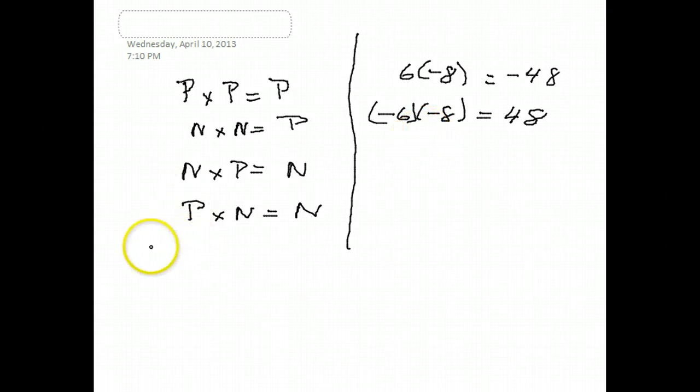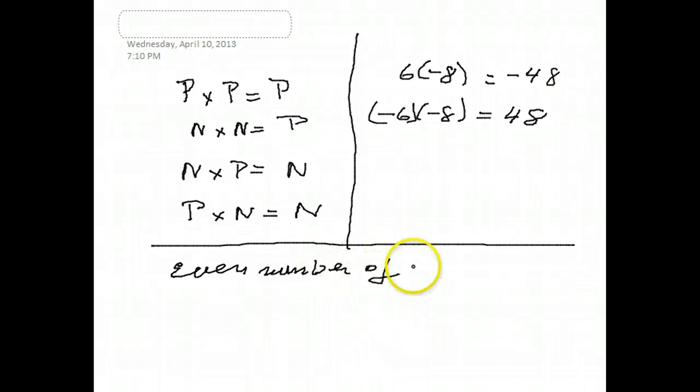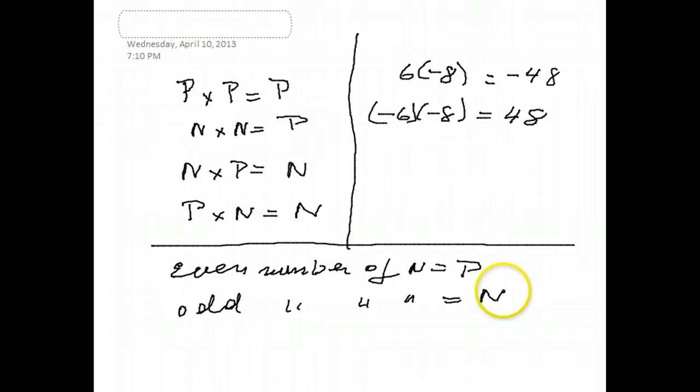So I can generalize this whole thing to say that an even number of negatives gives me a positive, but an odd number of negatives gives me a negative. All right?